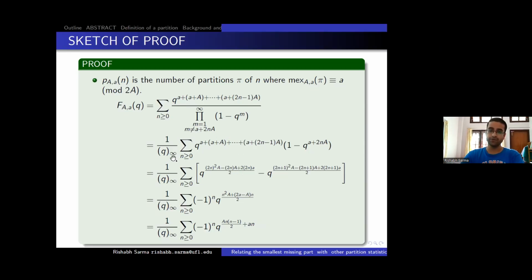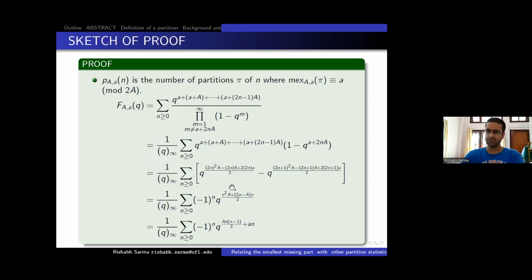In the next line, I divide and multiply by q infinity, which, if you remember, is the infinite product over m from 1 to infinity of 1 minus q to the power m. I'm multiplying that on the numerator and the denominator. When I do that, the numerator gets cancelled, and the only term that remains is this max term, 1 minus q to the power 2nA.